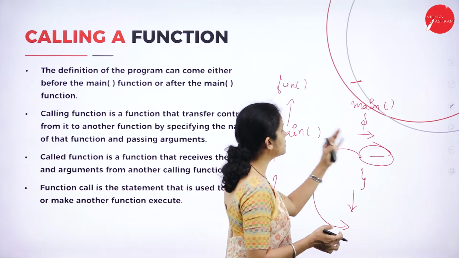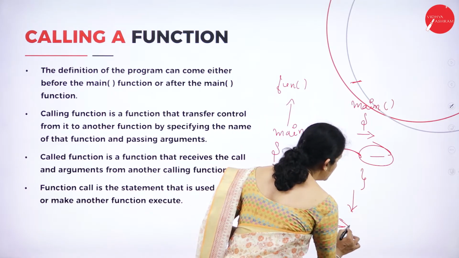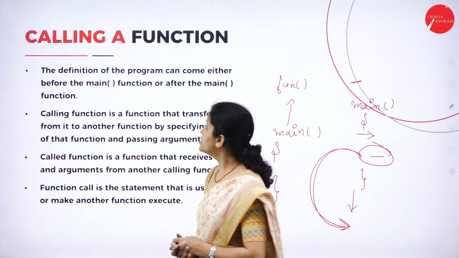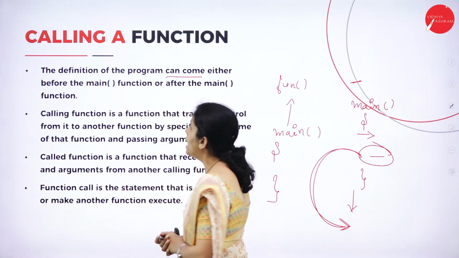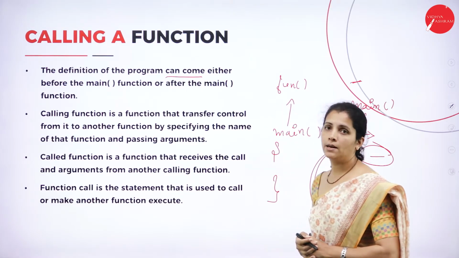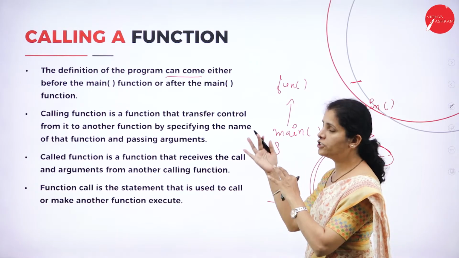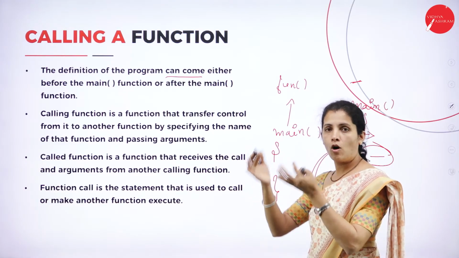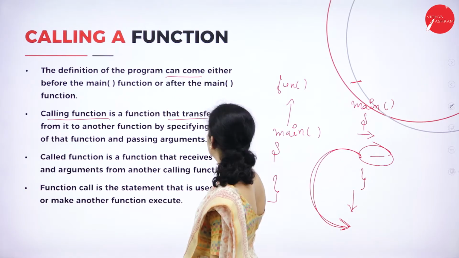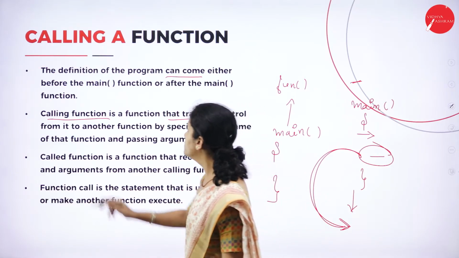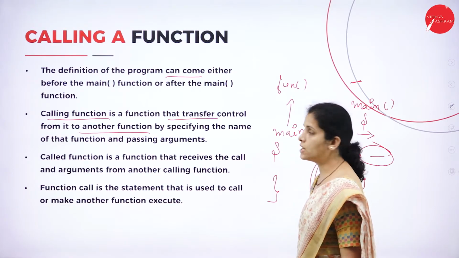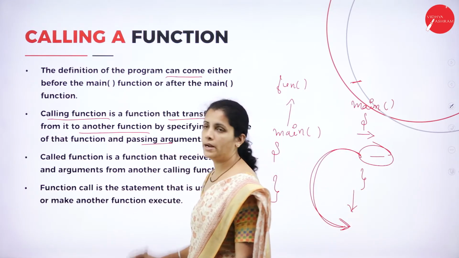So when the function is called, the control transfers to the called function. So here the definition of the function can come either before the main program or after the main program. That means I can write the function definition above the main program or below the main program. Now, a calling function is a function that transfers the control to another function by specifying the name of the function as well as passing arguments.